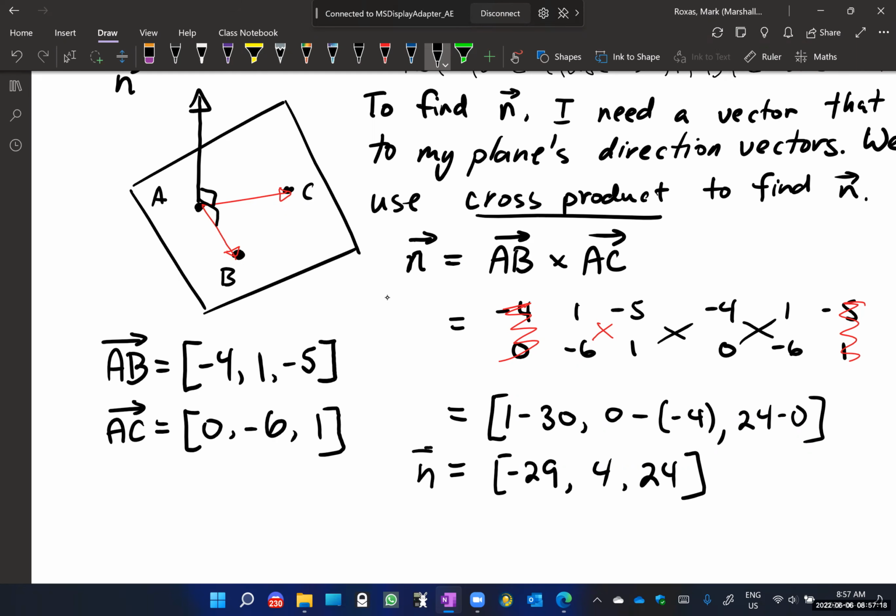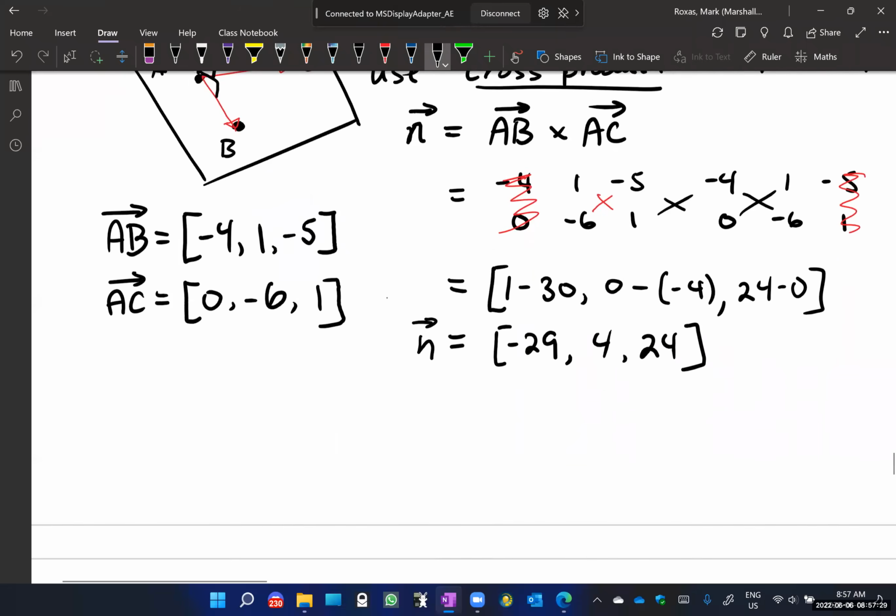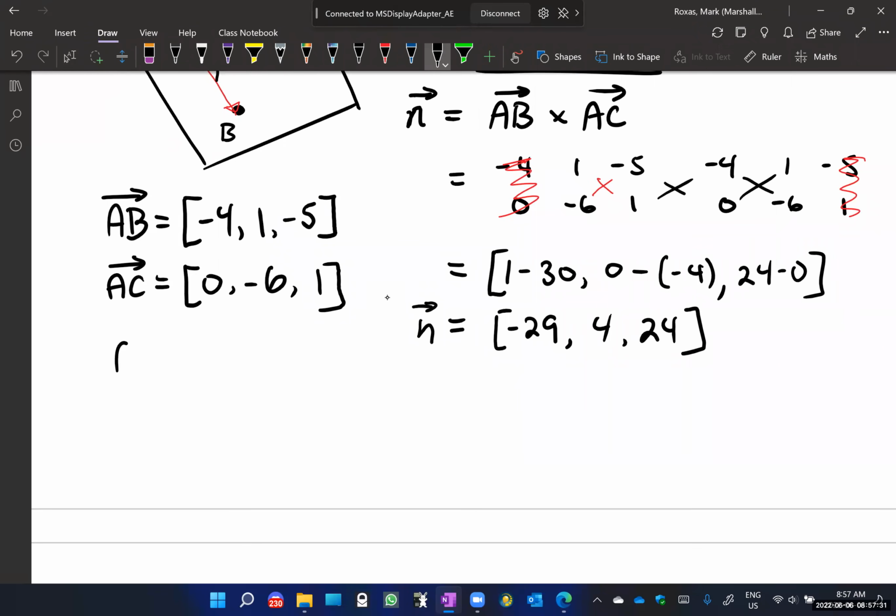So there's my vector n, the normal vector to my plane. Right? So I know that that vector is perpendicular to AB and AC, so therefore it is perpendicular to the plane because AB and AC lie on the plane. Okay, and then once you have the normal vector, for the equation of the plane you just have to remember this general form is ax plus by plus cz plus d equals 0. You plug in the a, b, and c.